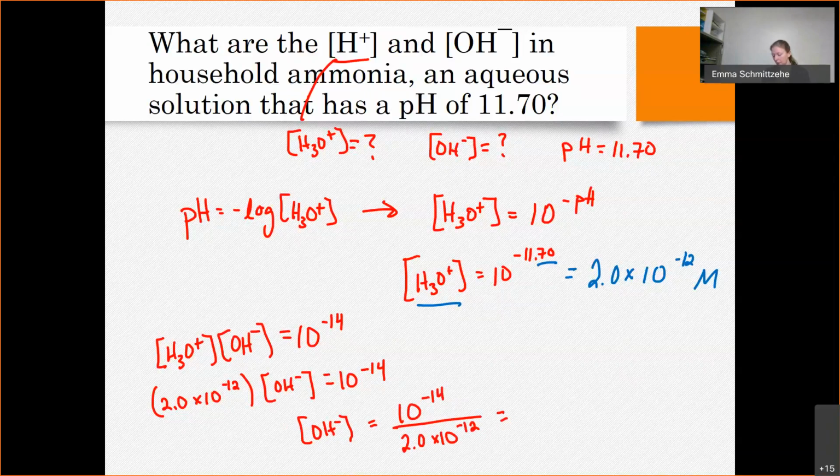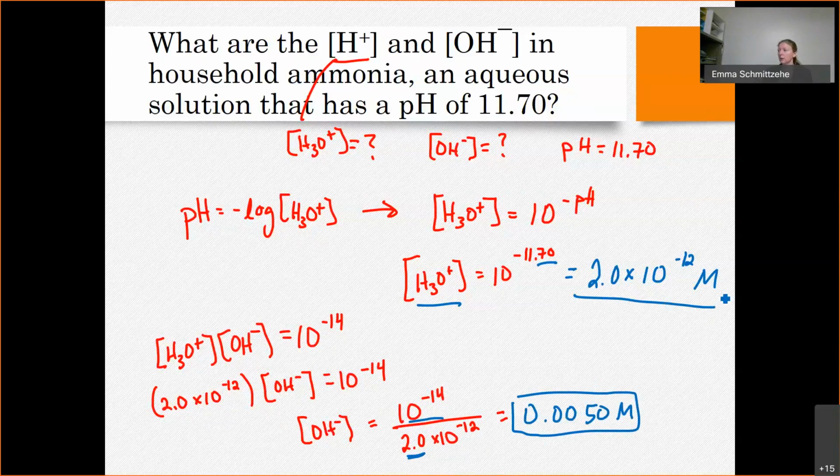If you type that in your calculator, 10 to the negative 14th divided by 2 times 10 to the negative 12th, let's see, it looks like we get, and again, let's do sig figs, 10 to the negative 14th is exact, so that's infinite sig figs, whereas this one has 2, so I'm going to round my answer to 2, so I get 0.0050 molar. And so that is my other answer. That's my hydroxide, and this is my hydronium, the hydroxide and my hydronium concentration. Okay, guys?